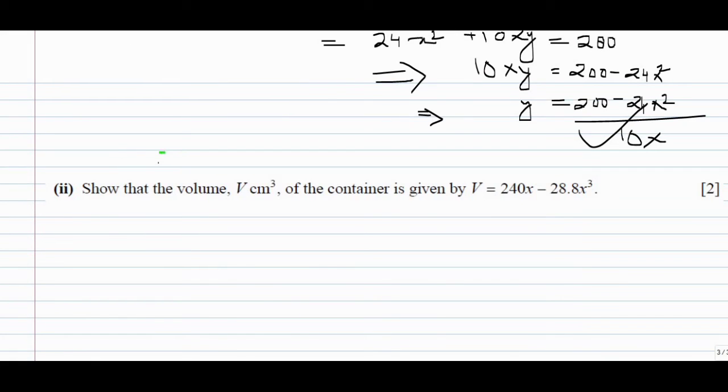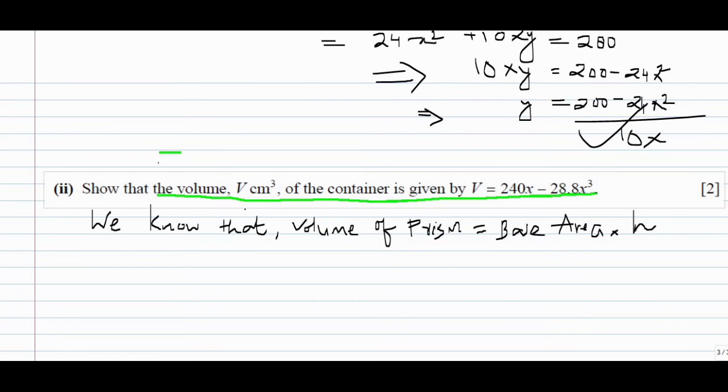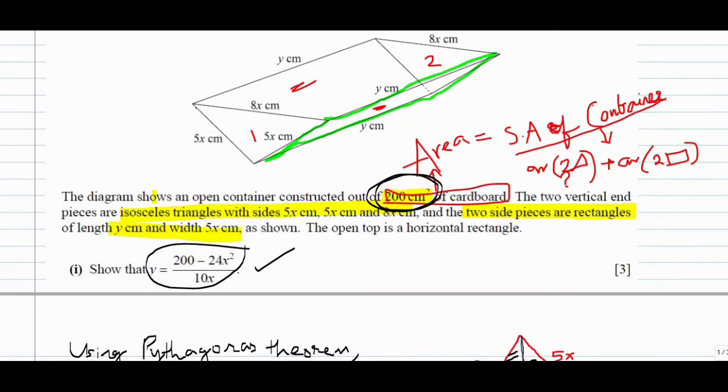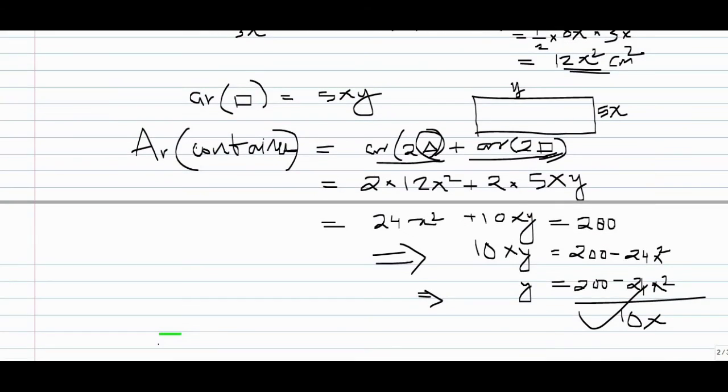The second part is show that the volume V centimeter cube of the container is given by V is equal to 240x minus 28.8x cube. So here remember the concept of volume of prism, which is base area multiplied by height. We already found the base area as the base is an isosceles triangle.